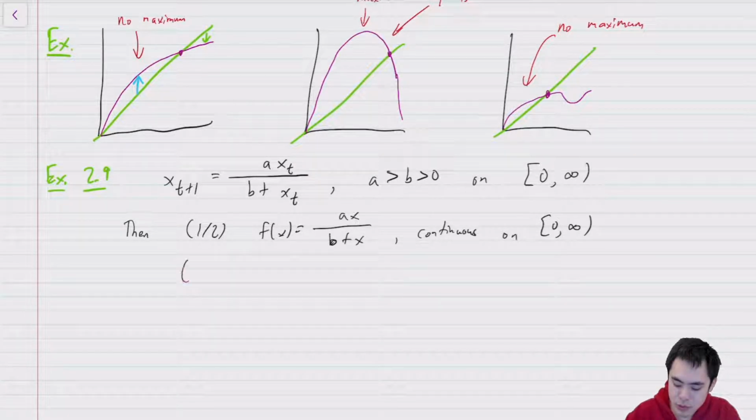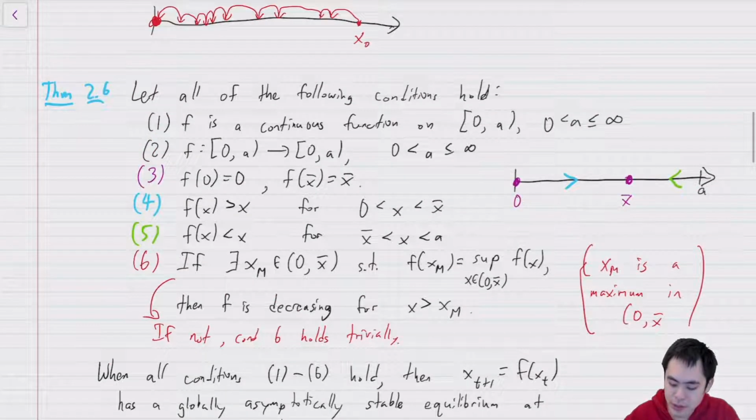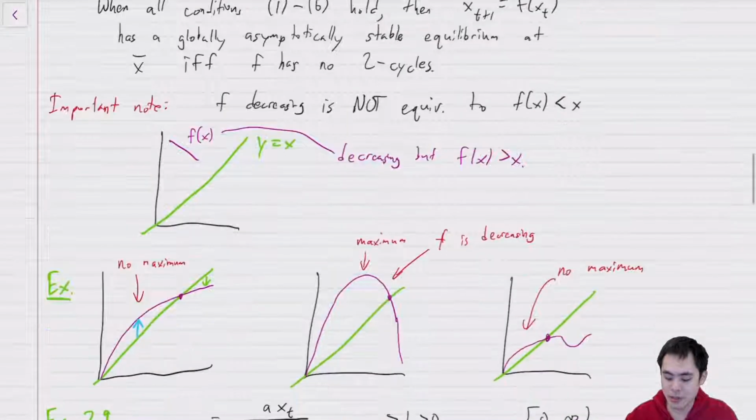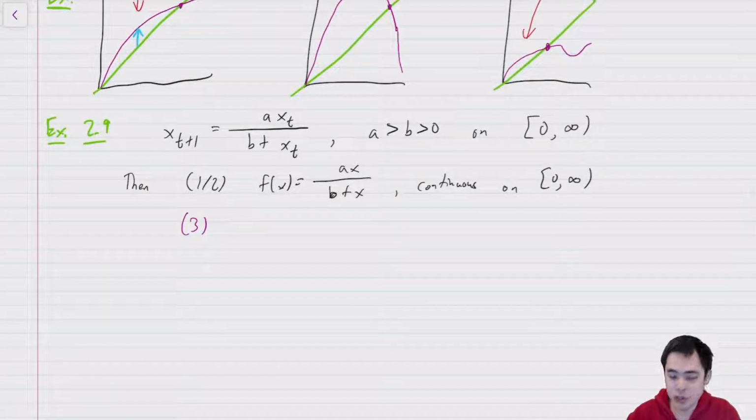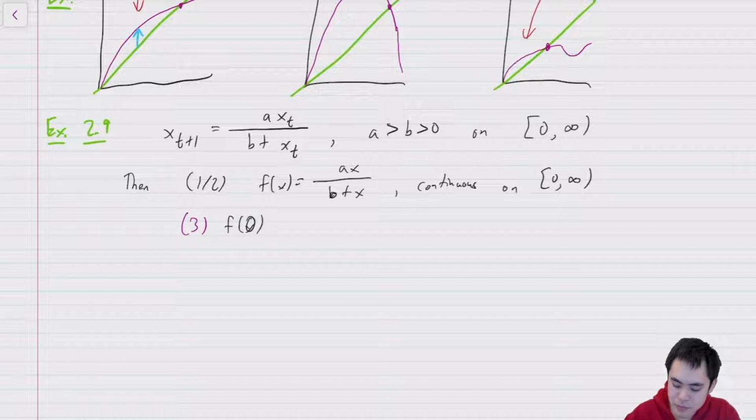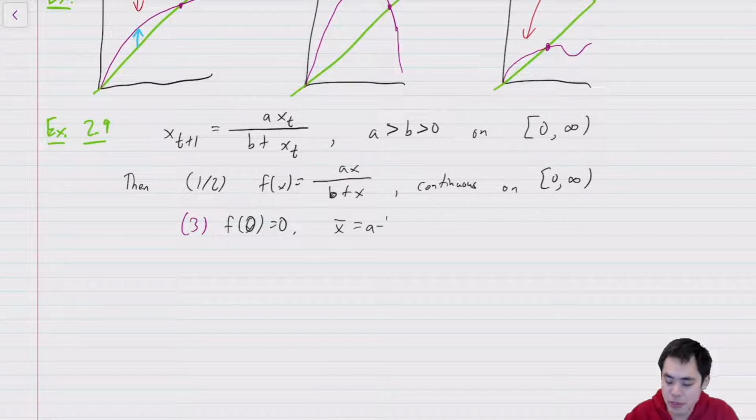Okay, and what was condition 3? Condition 3: f of 0 is equal to 0, and f of some x bar is equal to x bar. So for condition 3, again, we have f of 0 is equal to 0, and that's pretty easy to see. And for our x bar, let's say that x bar is equal to a minus b.